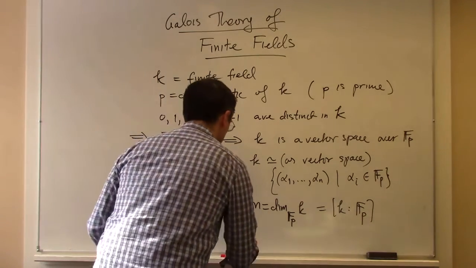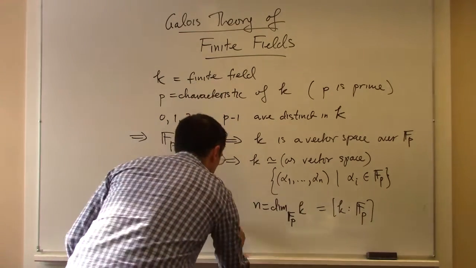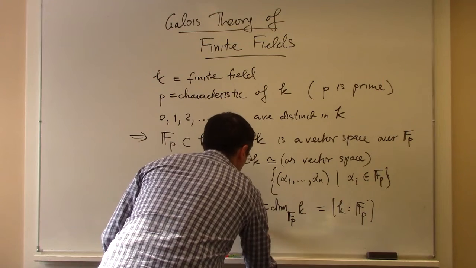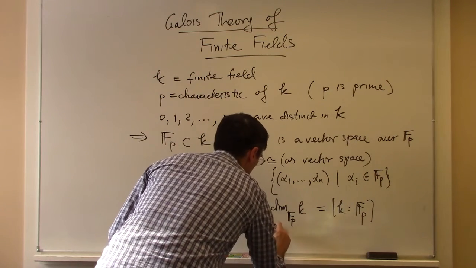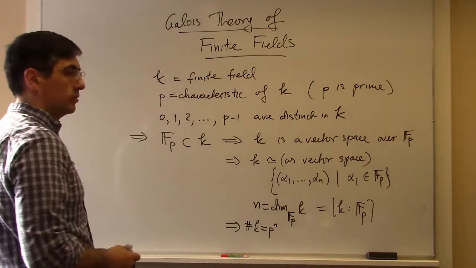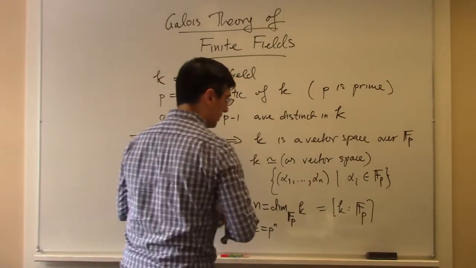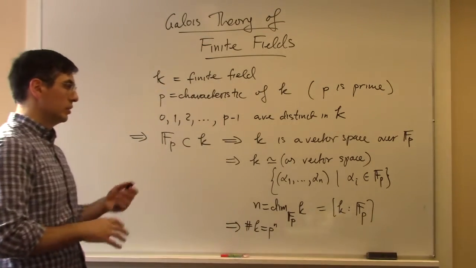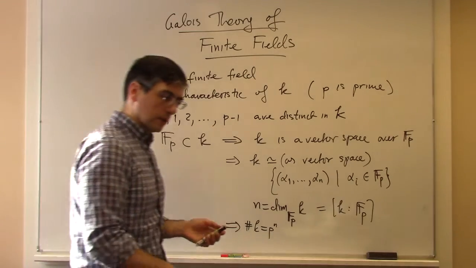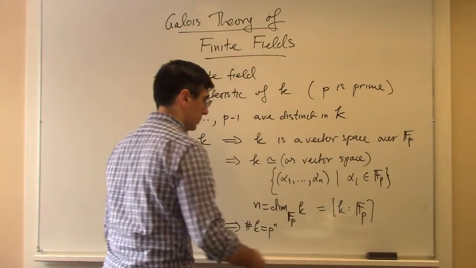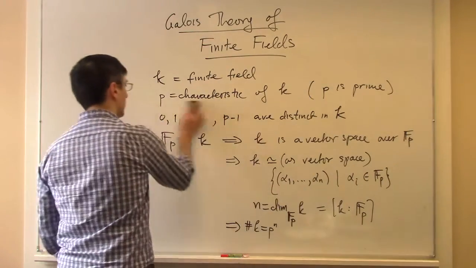So this implies that simply by counting that the order of K is p^n. So this I did already in one of the previous lectures. I'm just reminding you to set up what's coming in terms of automorphisms.